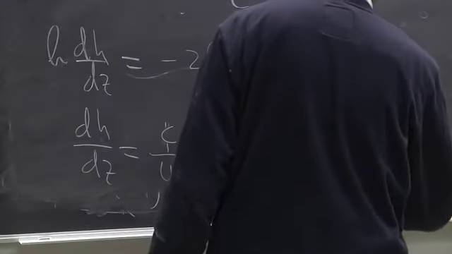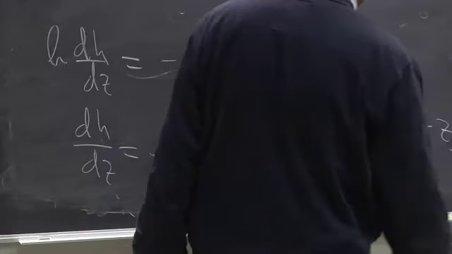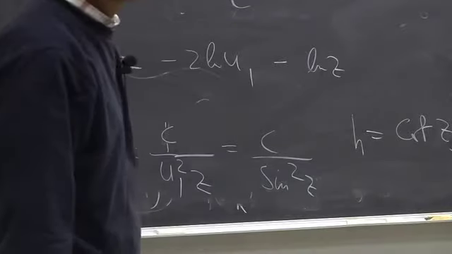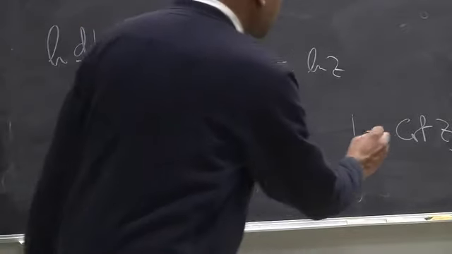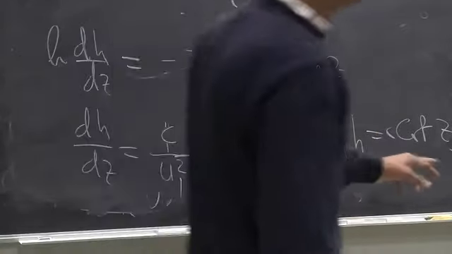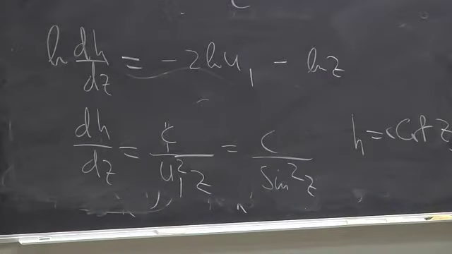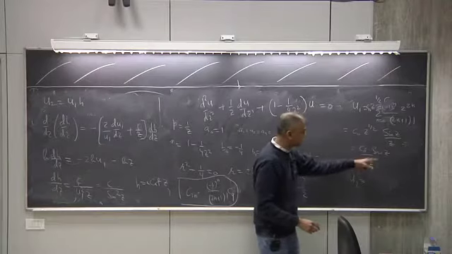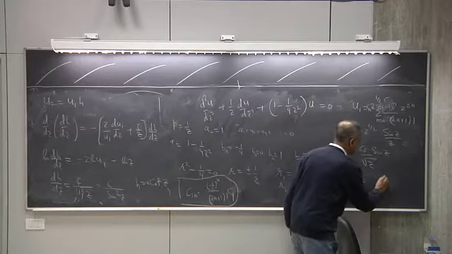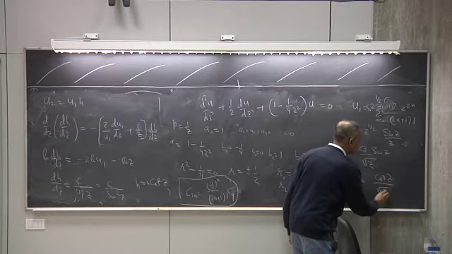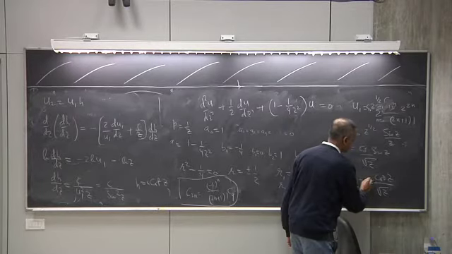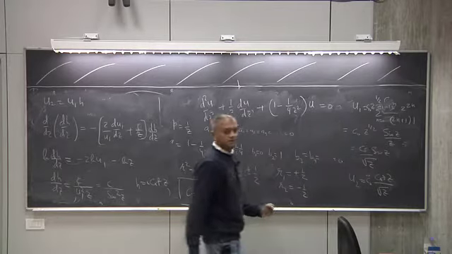So h is basically cotangent z, again up to some constant. Then the second solution u2 is simply u1 times h. So cotangent z, so sine z cancels, and we just get cosine z over root z, with some other constant c0, let's say. So these are the two solutions.